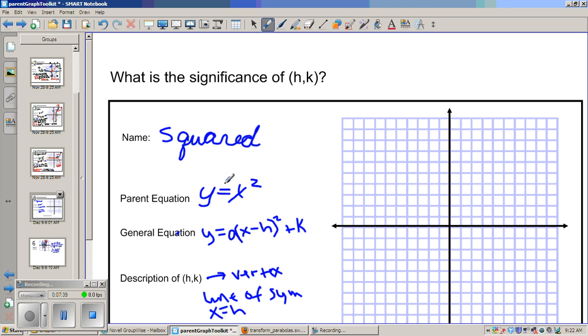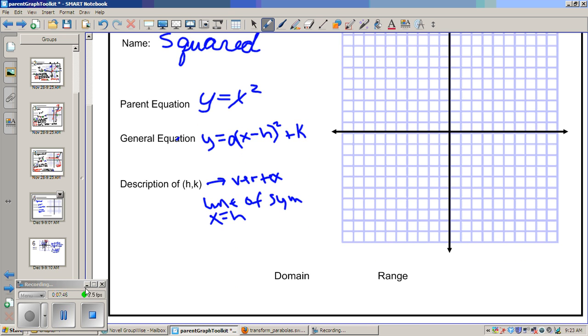The domain for this is, well, let's write this. The domain is, you could look at the equation or you could look at the graph to see that the domain is always all real numbers. You can pick anything you want for x. It doesn't matter. X is always going to be all real numbers. And the range, y is always greater than k depending on the value of a.